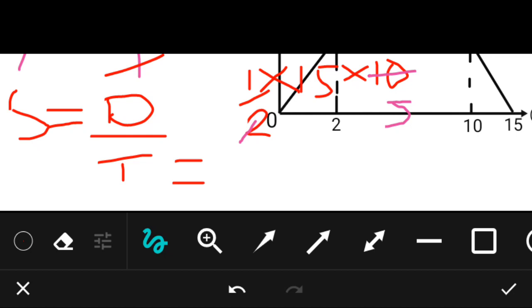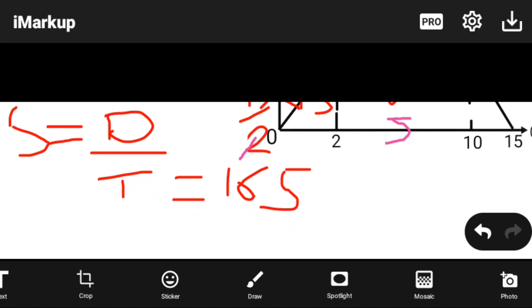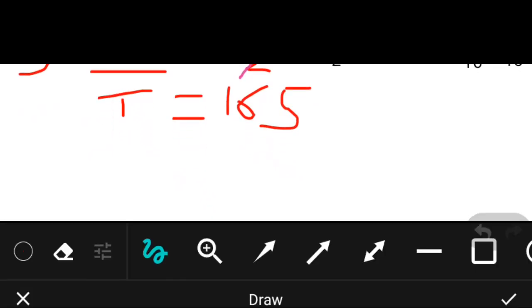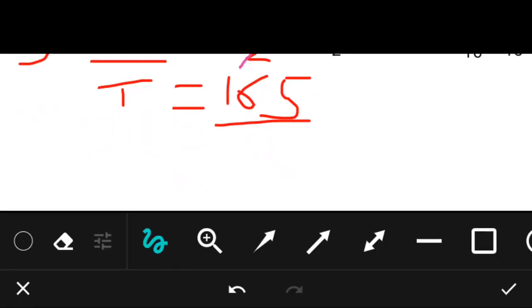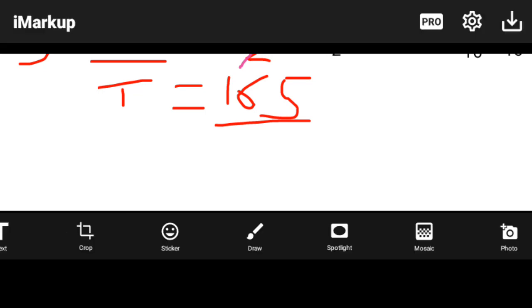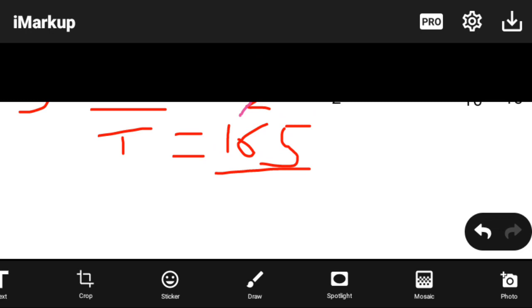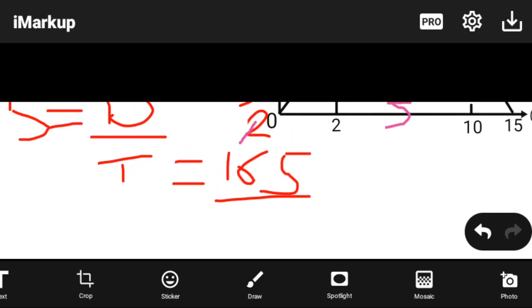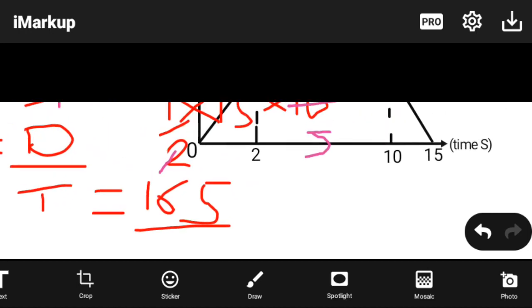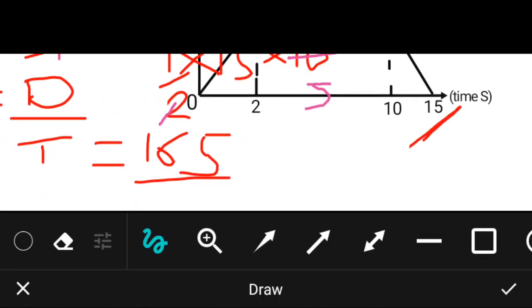Then we know the distance, isn't it? Which is 165, the total distance for the whole journey. Then 165 over the time. Now, do we know the time for the whole journey? Yes, we know the time for the whole journey. It was 15.